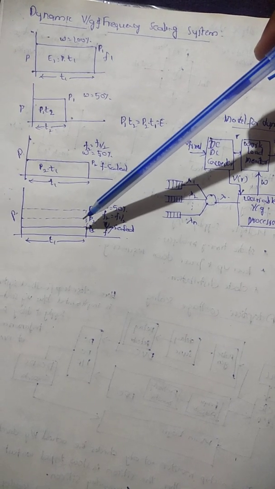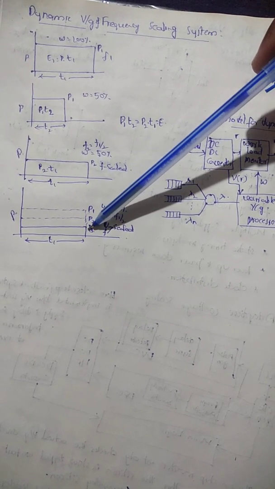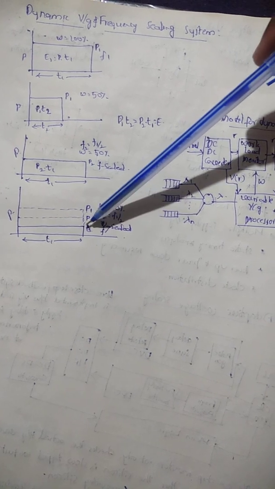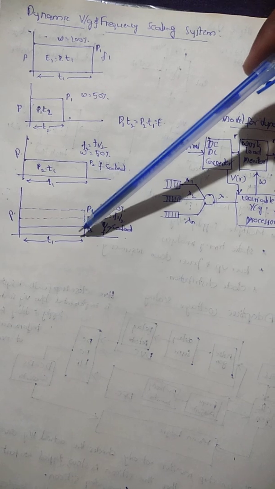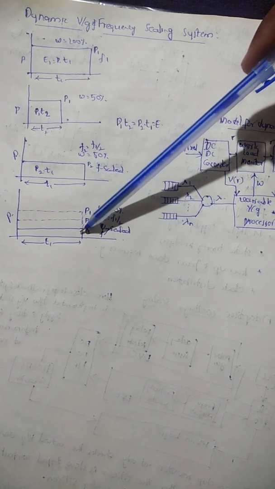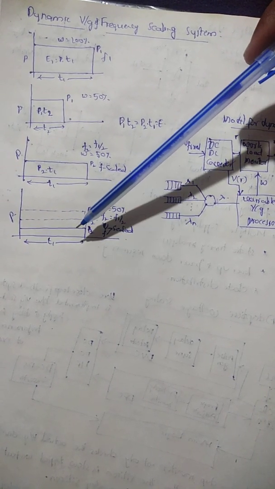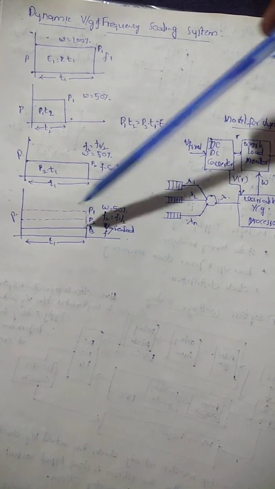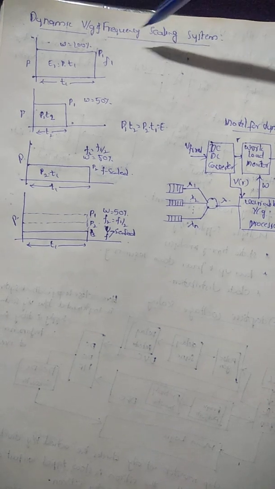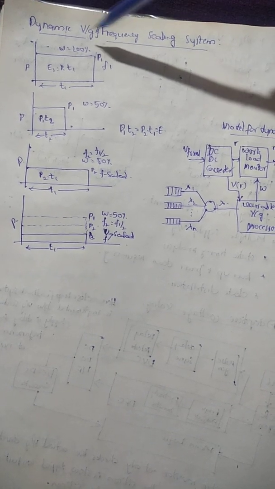Voltage and frequency scaling take place here, and the power dissipation is reduced. So we have to scale both voltage and frequency, but it has to be done at runtime. It will be achieved by this DVFS system.